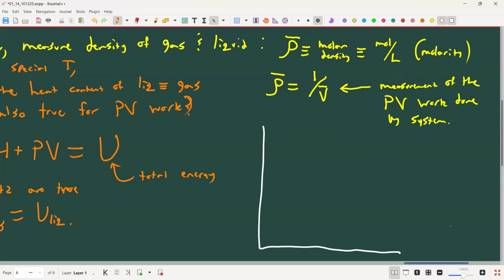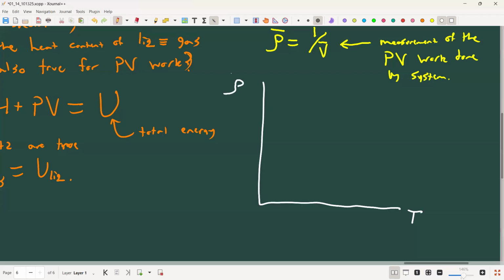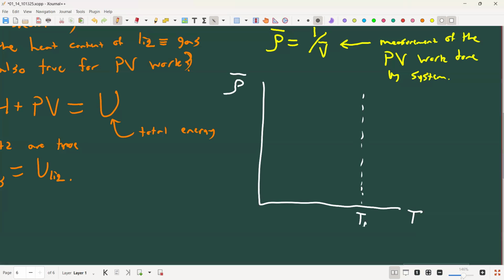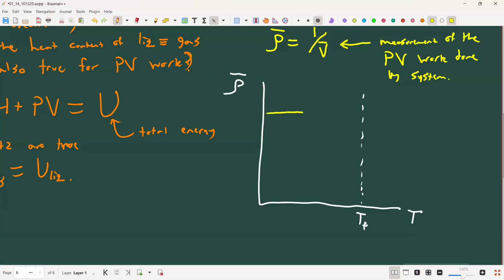if we look as a function of temperature and the molar density of the material as a function of temperature. And I plot this special number, this special temperature, which we call TF. What we see is that the liquid density decreases as it approaches this temperature.